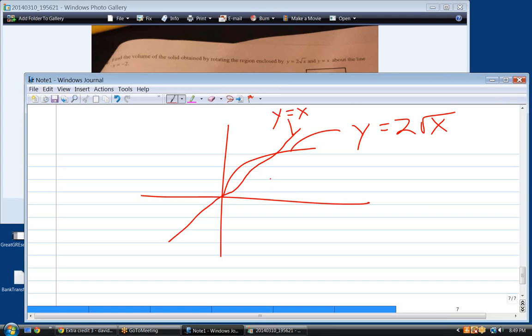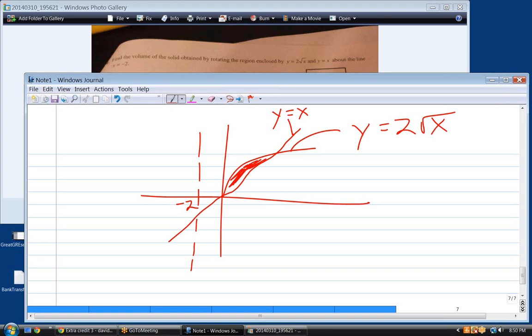So we're going to rotate it about the line x equals minus 2. So this area here, it's like rotating it around the y-axis, only it's rotating it about the line x equals minus 2 instead of x equals 0.